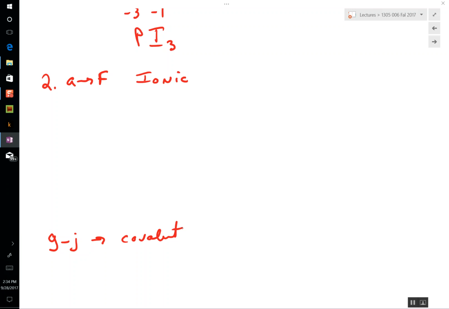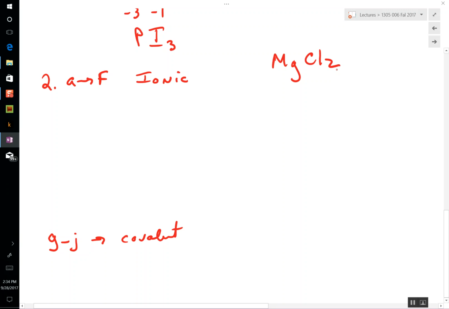Don't use those prefixes. This is one of the things that students sometimes see. They start bringing these prefixes into ionic compounds. So, you know, they would come up with something like this: magnesium dichloride.